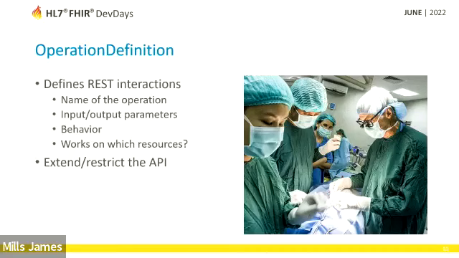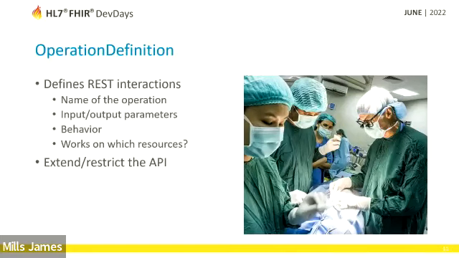Then we have the operation definition. If you have this RESTful interface, you can define interactions and operations that you would like to support. You do that by giving it a name, specifying the input and output parameters that it needs, a textual description of the behavior that it should have, and, of course, on which resources that operation works.